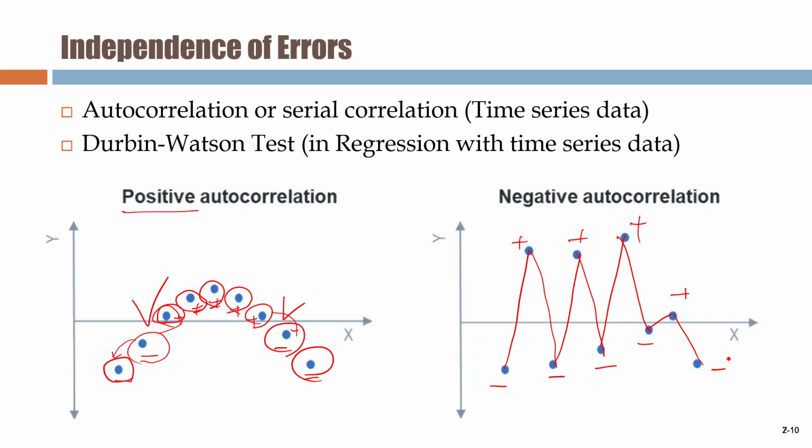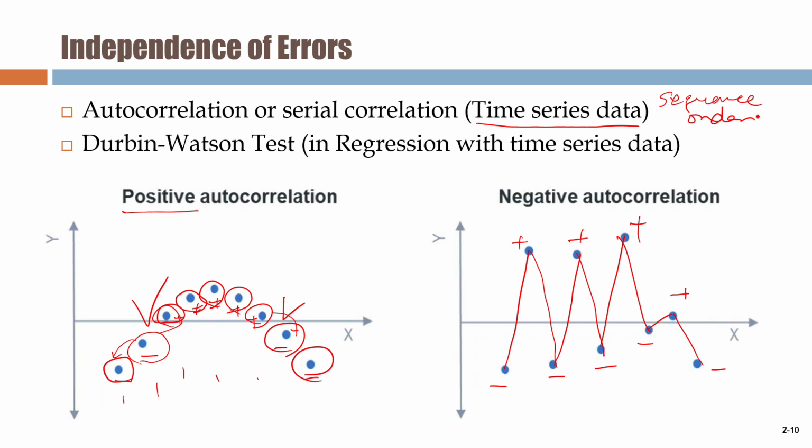This makes sense if our data points have some kind of order. If we can mix up the order, like data about our customers that doesn't have an order, then autocorrelation, or independence of error, is important in time series data, when there is a sequence or order. There's no first one or second one.